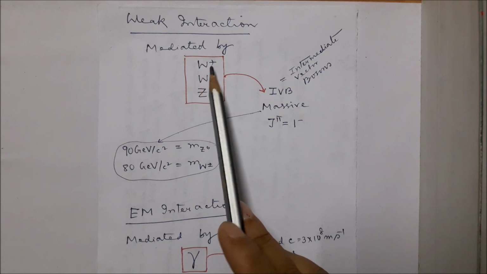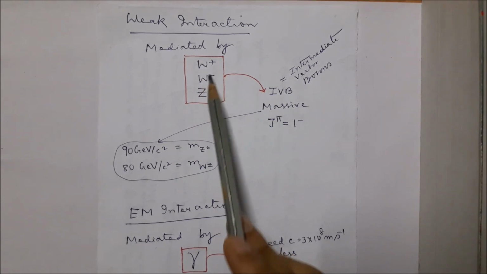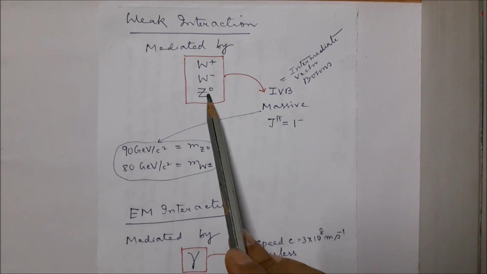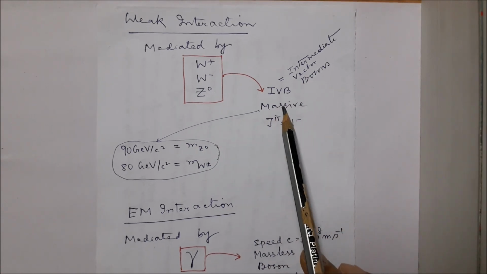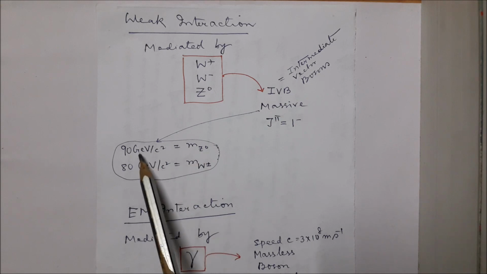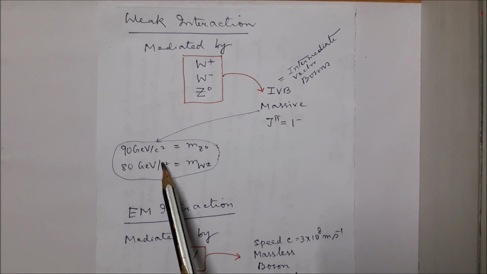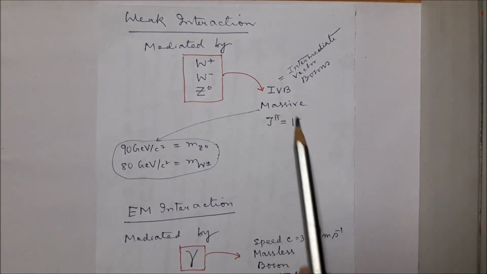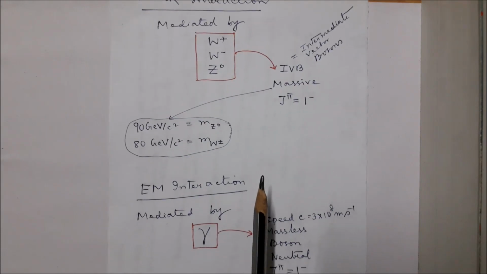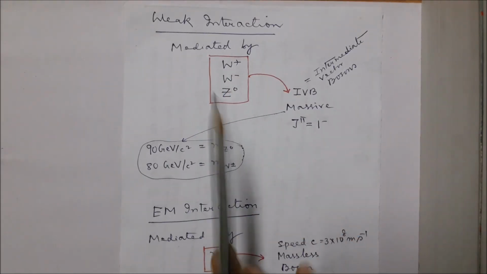Weak interaction is mediated by particles called W plus, W minus, and Z0, which are intermediate vector bosons. They are massive particles having mass 80 to 90 GeV/c squared. They have spin parity of this value, and we are not going into details, just mentioning the exchange quanta.